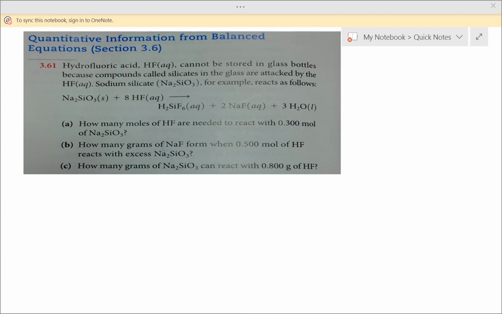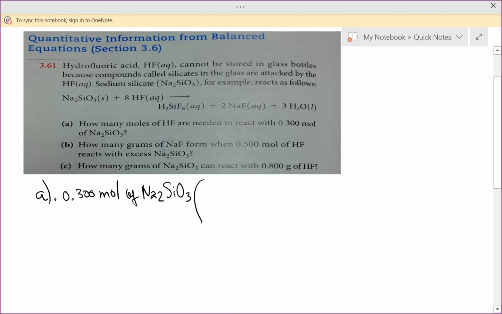So from part A, 0.300 moles of sodium 2 silicon O3. From this balance equation, we know that for each mole of this compound right here, we have 8 moles of HF.